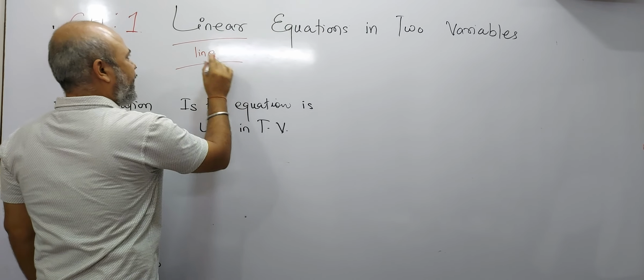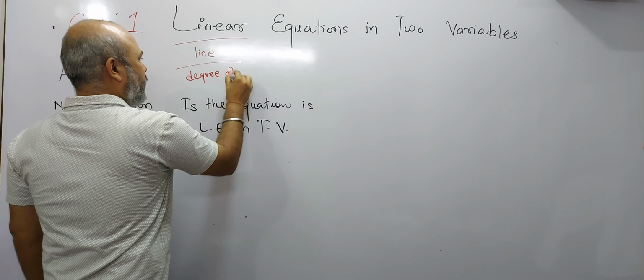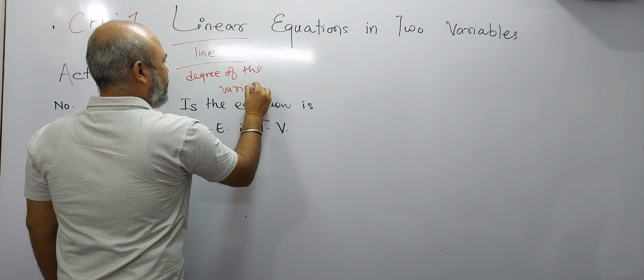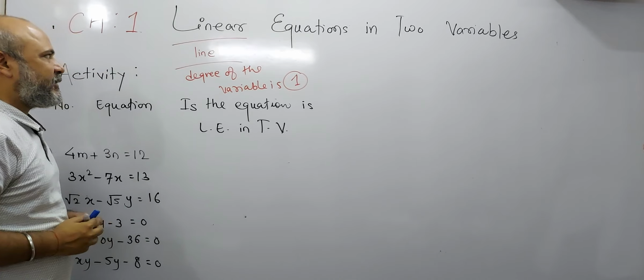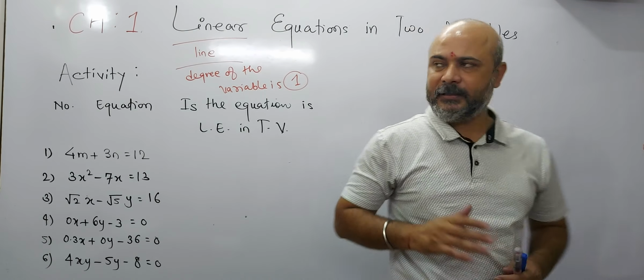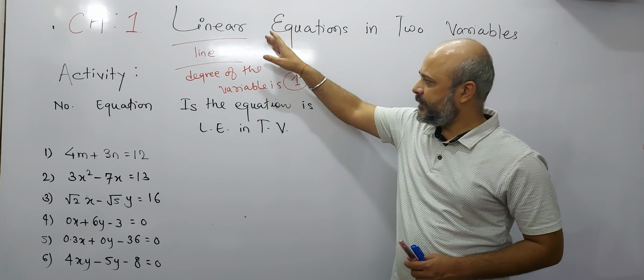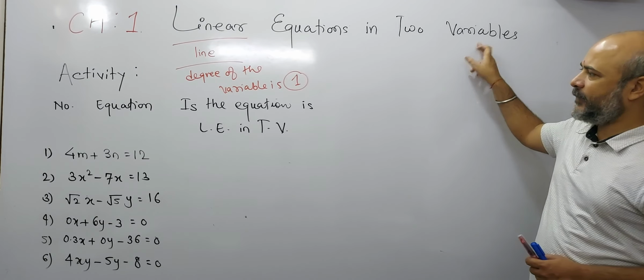Or you may say that the degree of the variable is 1. So these are the two conditions: when you represent this equation on a graph paper, you will get a straight line. Second, linear means the degree of the variable we are going to use is always 1.